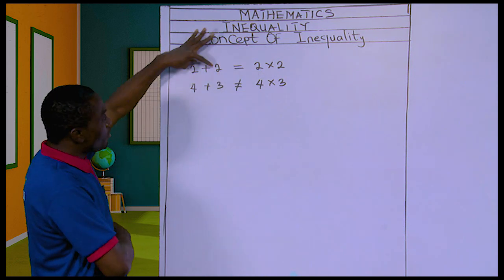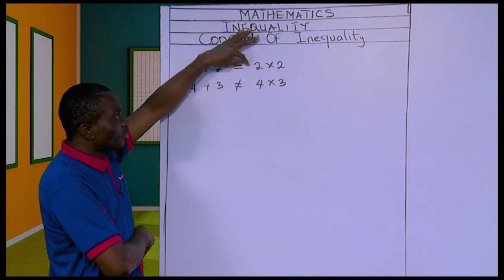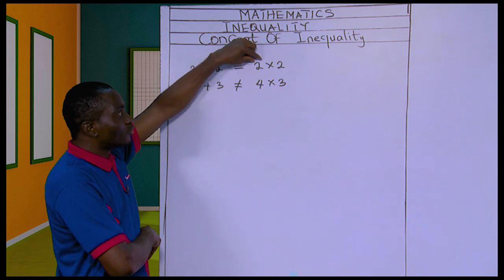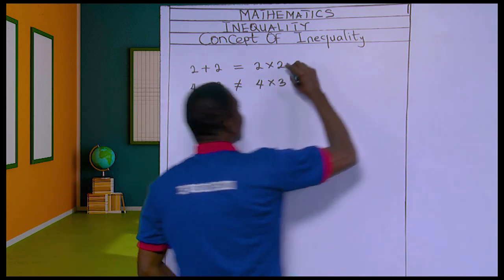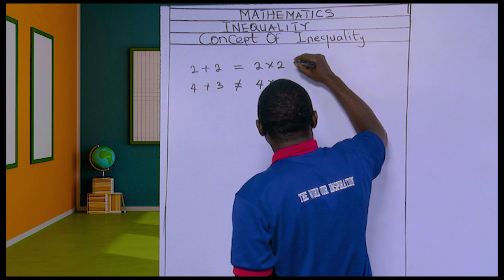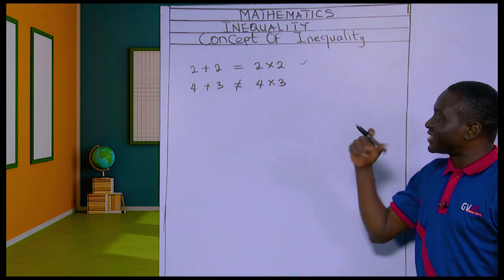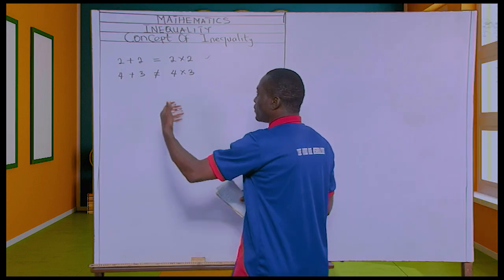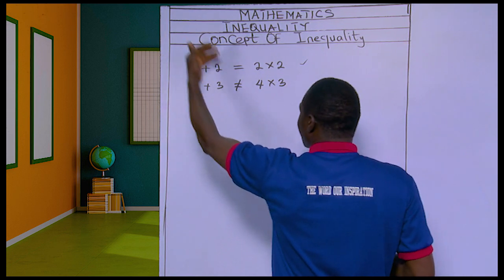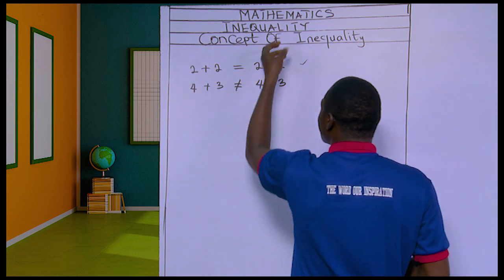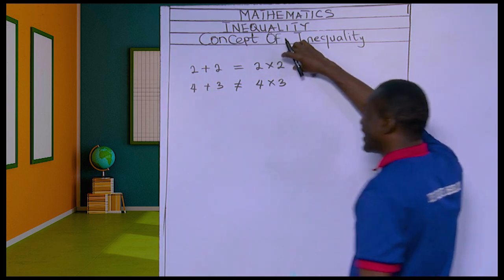That is the sum of 2 and 2 equals, or is equal to, the product of 2 and 2. That is why this is referred to as an equation. It is referred to as an equation because we are saying that the expression on the left hand side is equal to the expression on the right hand side.